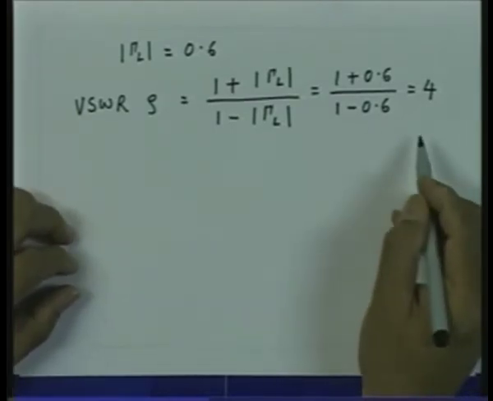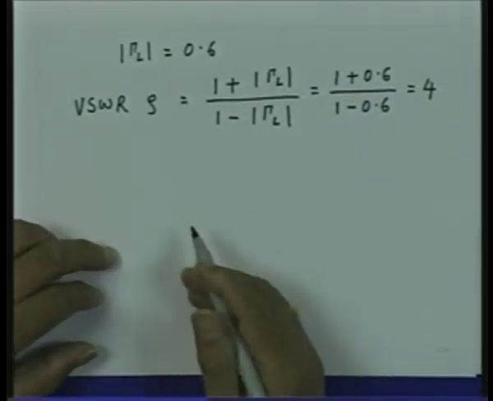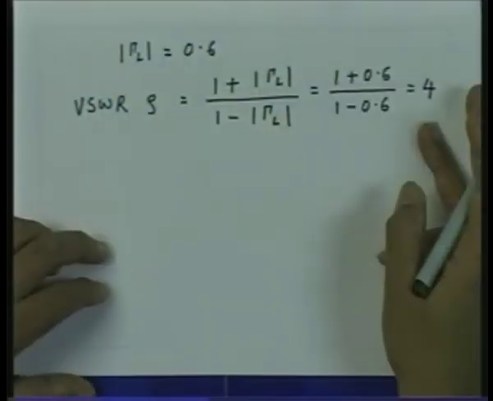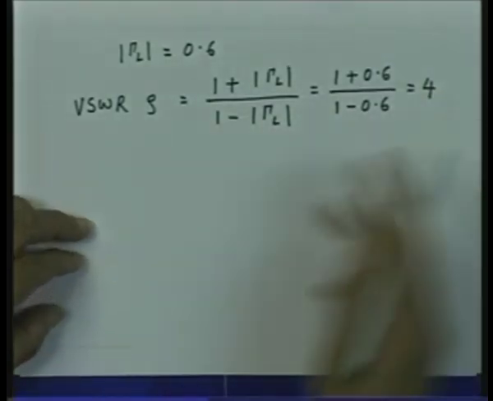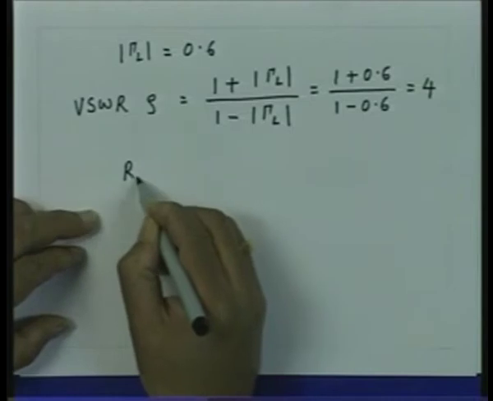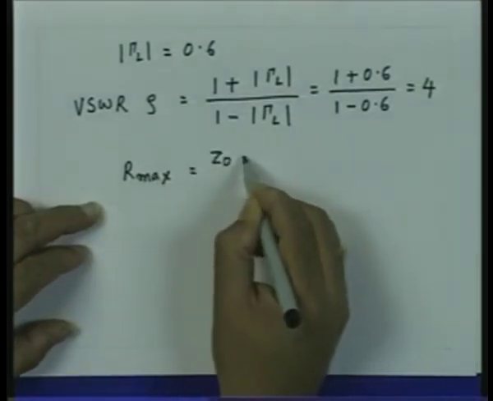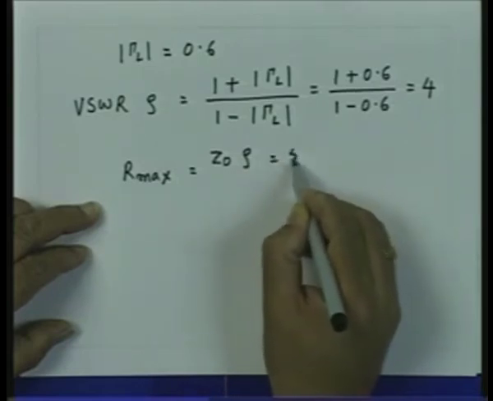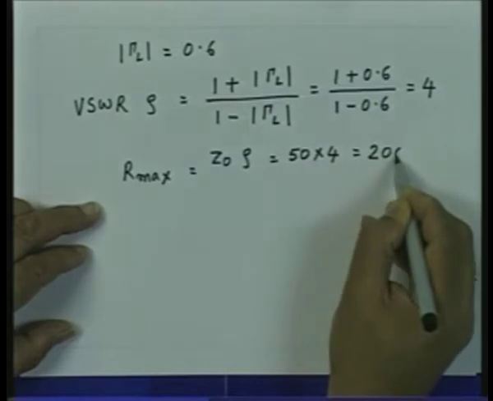Once we know the VSWR, then finding out the maximum and minimum resistance is very straightforward. We know the characteristic impedance of the line. So, the maximum impedance will be characteristic impedance multiplied by rho, and the minimum impedance will be characteristic impedance divided by rho. So, we get R max on the line, which is Z0 into rho, which is 50 into 4, so 200 ohms.